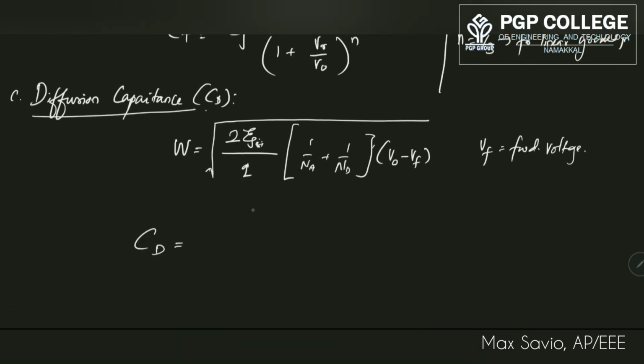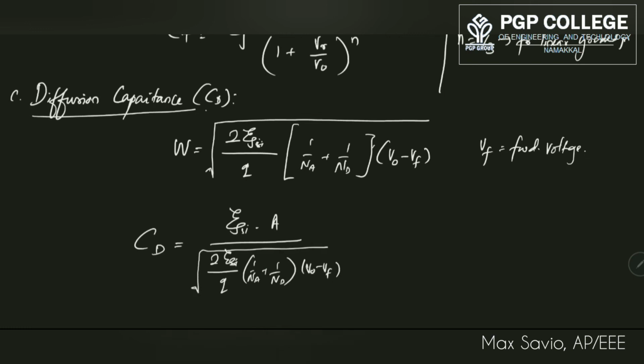With this expression, it is easy to find the value of CD. CD is nothing but epsilon Si into A divided by W, where I substitute the same value here. So it is 2 epsilon Si by Q times 1 by Na plus 1 by Nd times V0 minus Vf, the whole root.